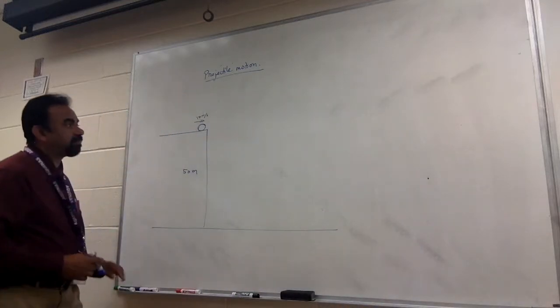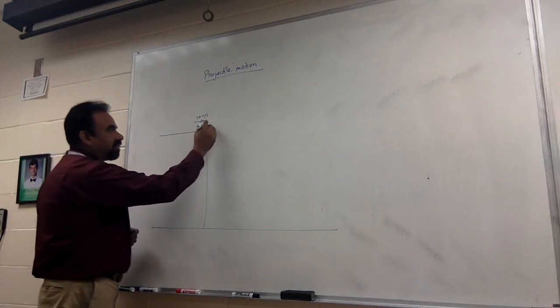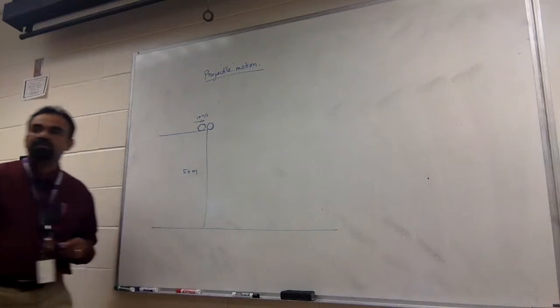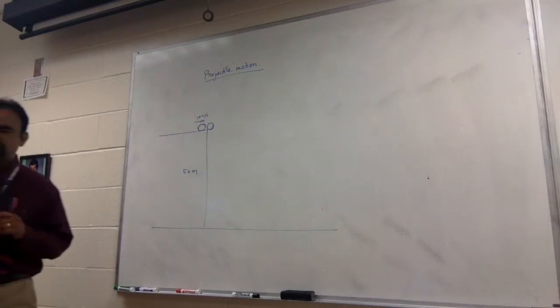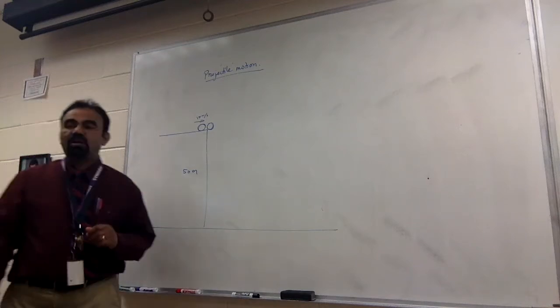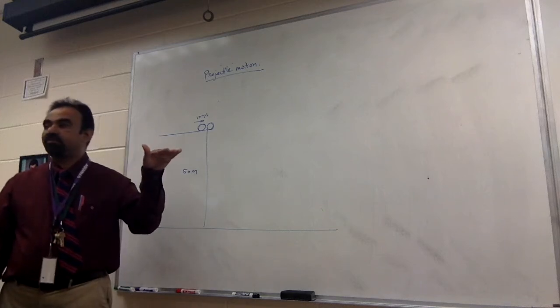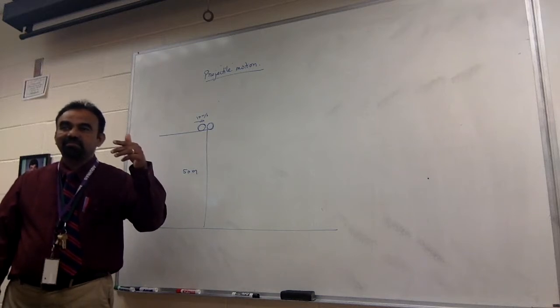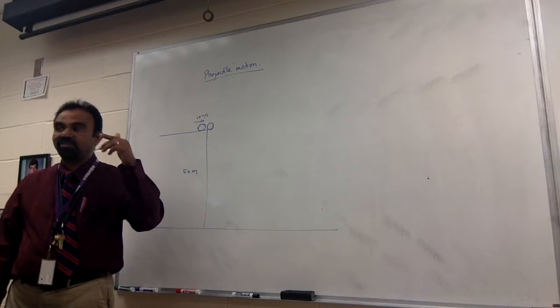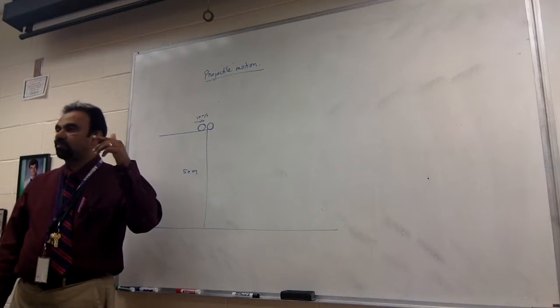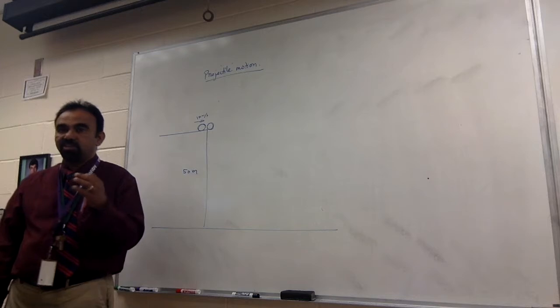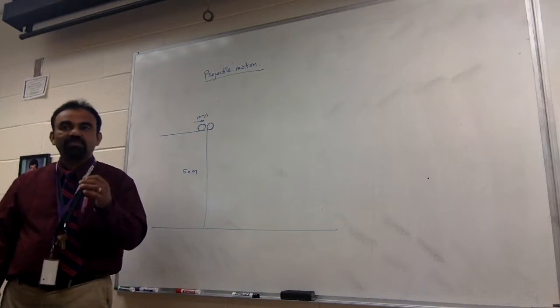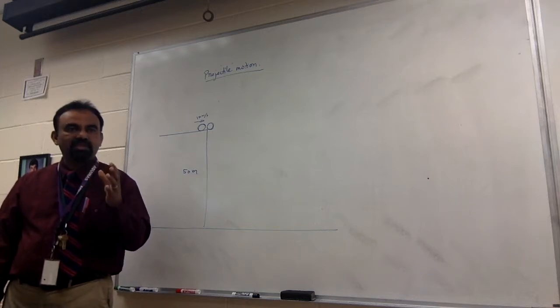After some time, as soon as it comes off the edge, how fast is it moving horizontally? 10 meters per second. How fast is it moving vertically? Velocity? 0. So the initial vertical velocity is 0. You understand that?